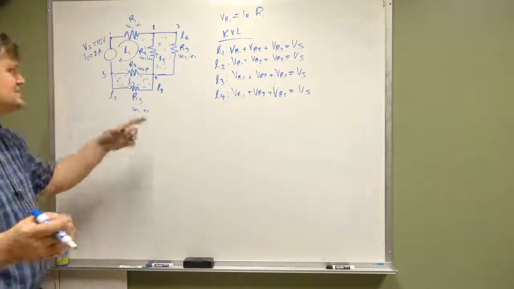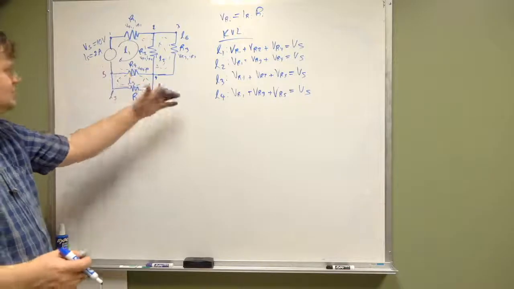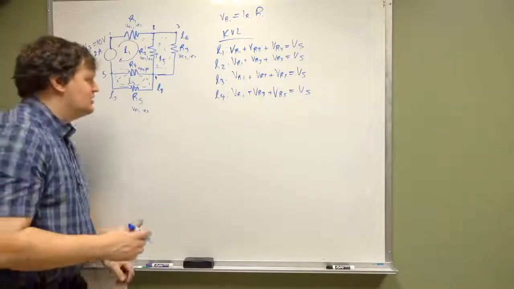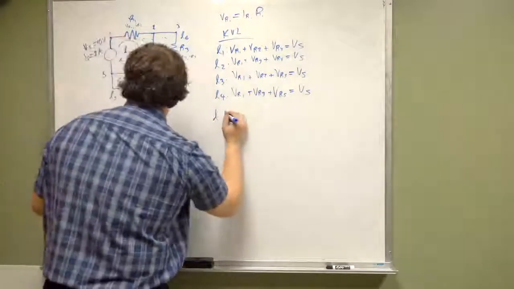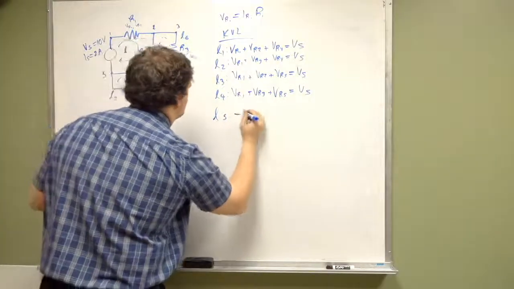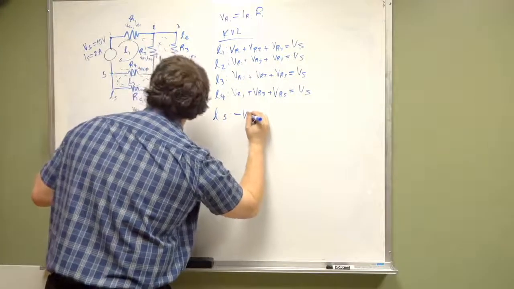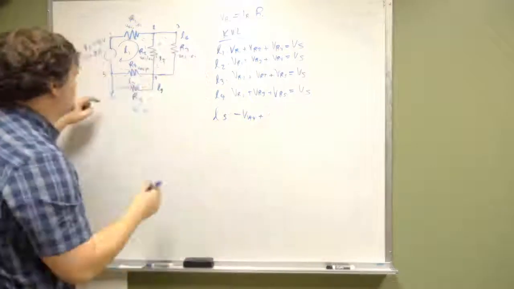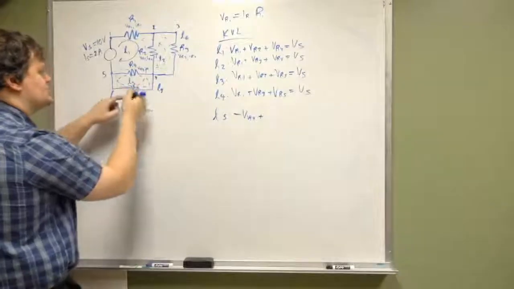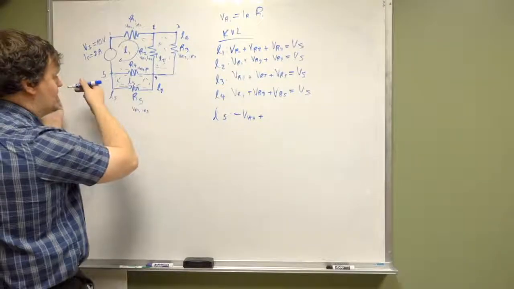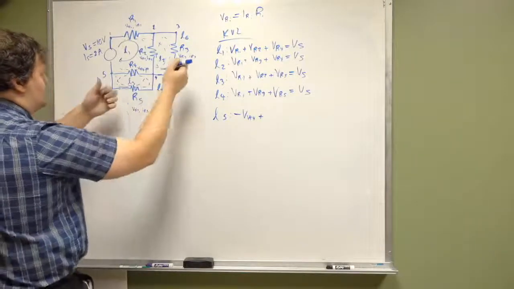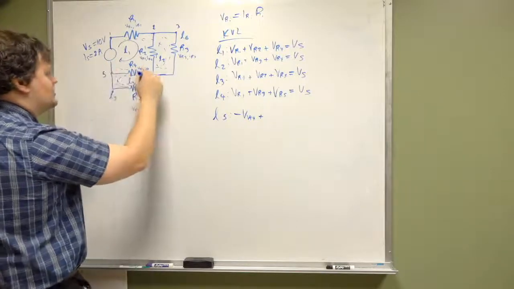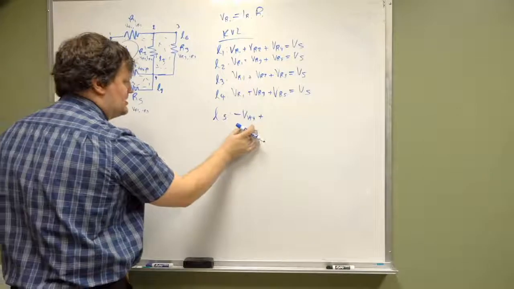And for that reason, because we know that the current going through the R4 is pointed downhill towards the source voltage, when we write out loop 5, what we have to do is say negative VR4 plus, because when you come back here, you're traveling with the direction of the current. You know the current is going this way through R5. You know the current is going this way through R4. We're going against when we force that electron through this loop. So this one has to be a negative.